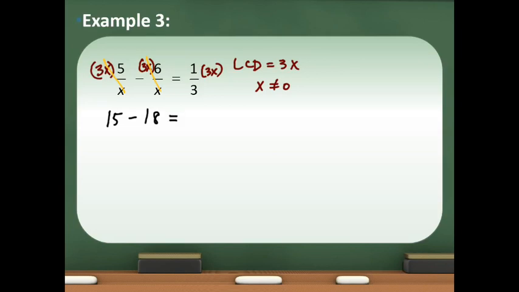On the other side, notice our 3's are going to cancel, and 1 times x is x. Now we can simplify the 15 minus 18, and we're done. And notice x equals 0 was our restricted value, and that's not what we got. So we've got a perfectly good answer. All right, let's move on to example 4.